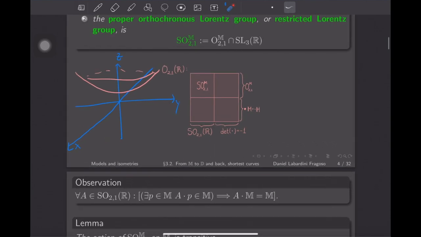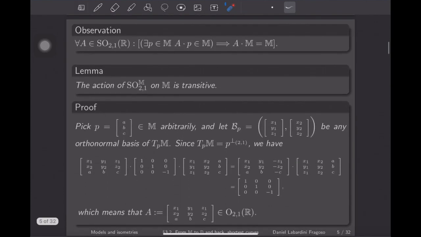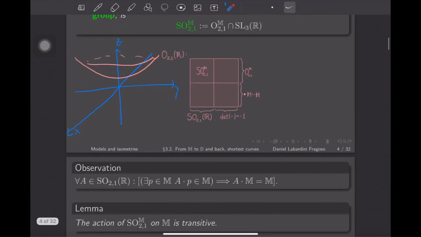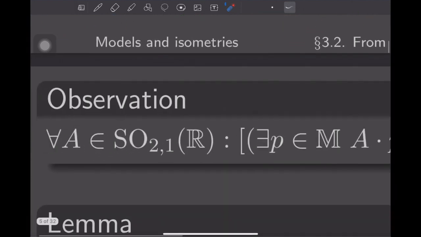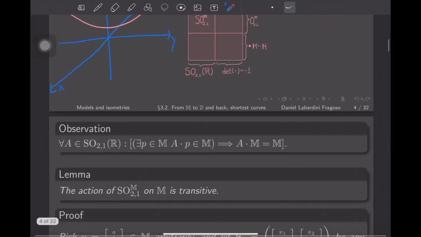Okay. And actually, exercise: can I drop this S? Is the observation true also without the S? Exercise.